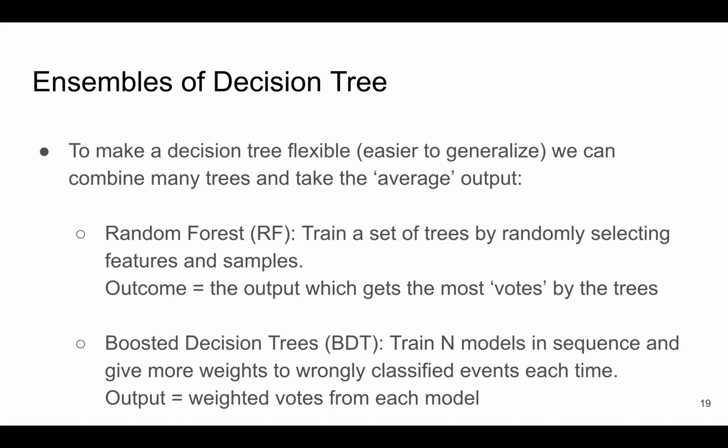Another way is to build a boosted decision tree, which means we train n models in sequence, one by one, and give more weight to wrongly classified events each time we train. The output comes from weighted votes from each model.